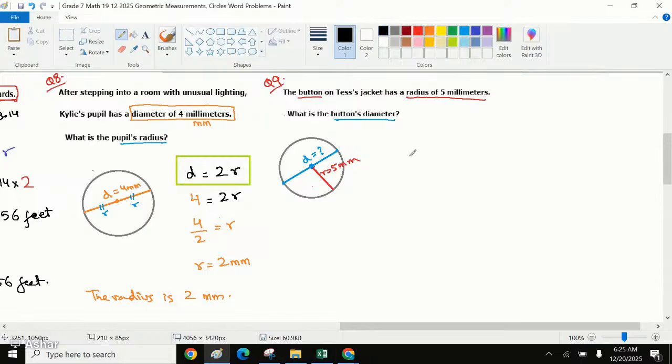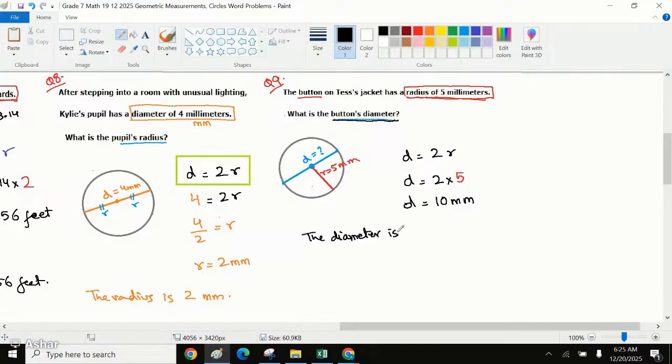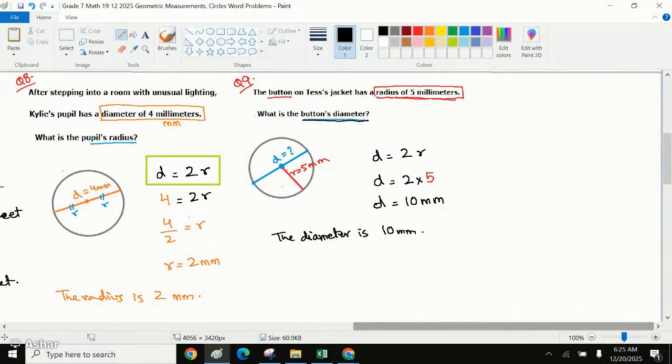So can we say that diameter is double the length of the radius? The given value of radius was 5. That means 2 multiplied by 5 is 10 millimeters. So can we say the diameter is 10 millimeters? Okay. Agreed.